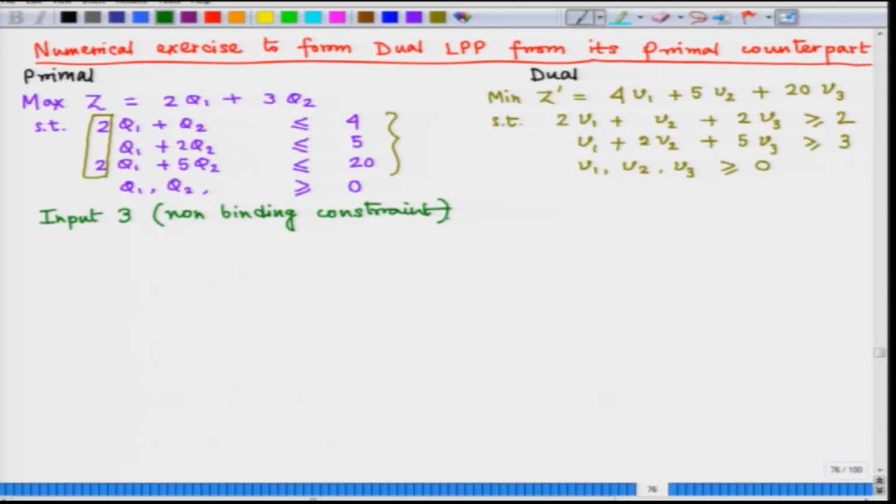And if you remember our initial discussion on the dual price, we have said that any input which has a non-binding constraint has 0 dual price.